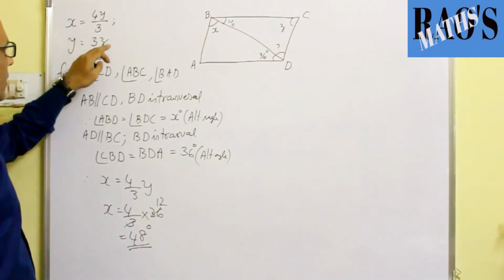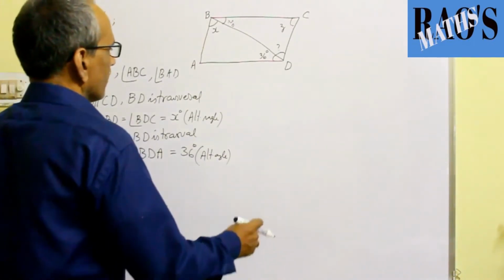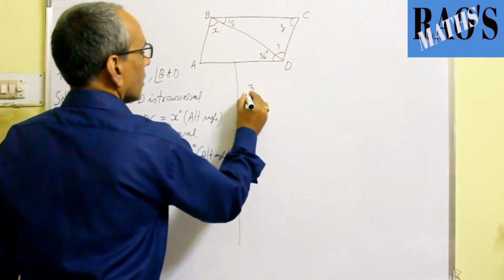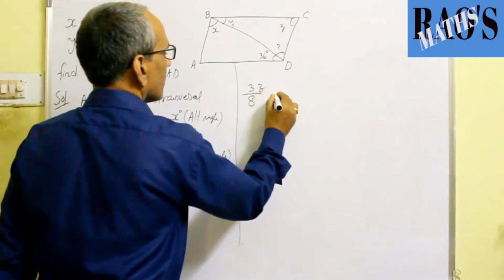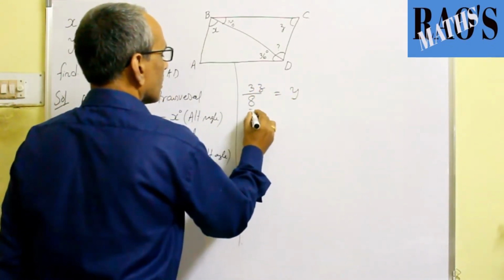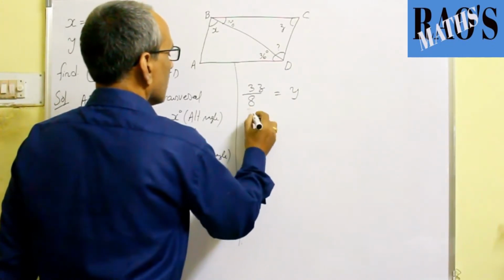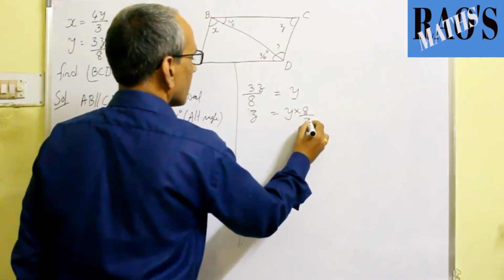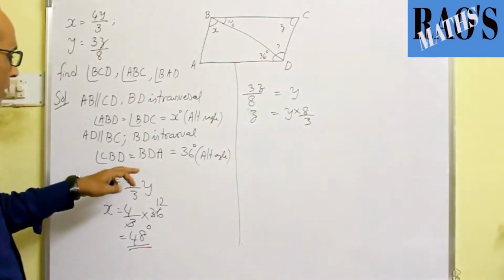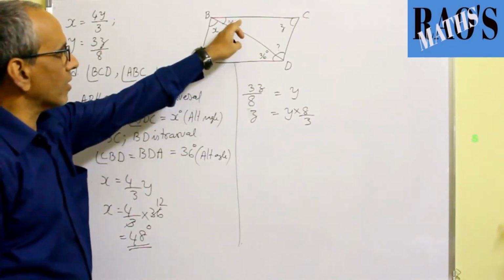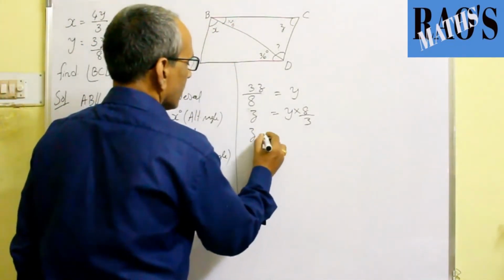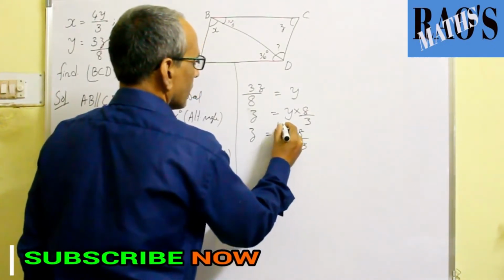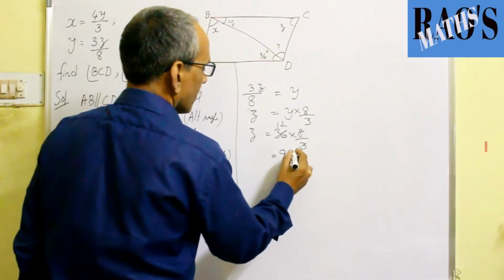So z is equal to y into 8/3. We already know the y value, that is 36, because y and 36 are alternate angles. So z is equal to 36 into 8/3, 3 12s. So z is equal to 96 degrees.